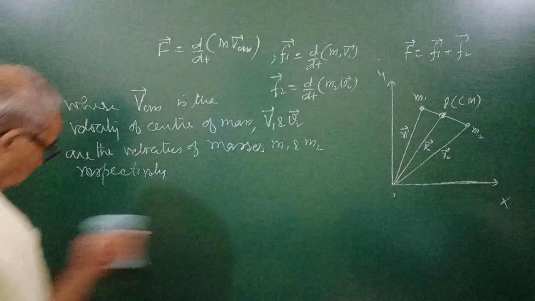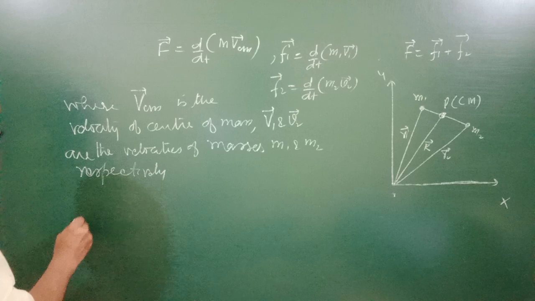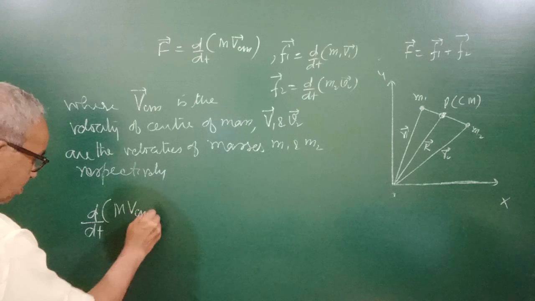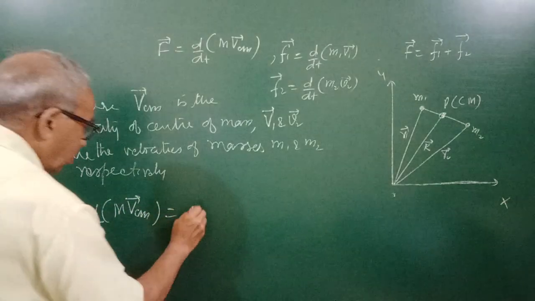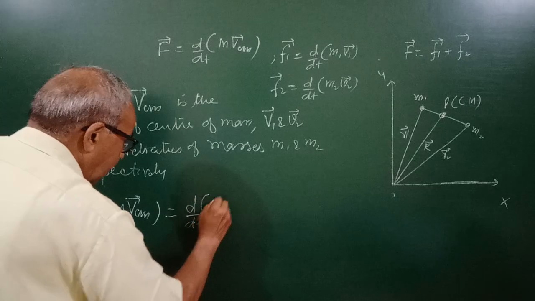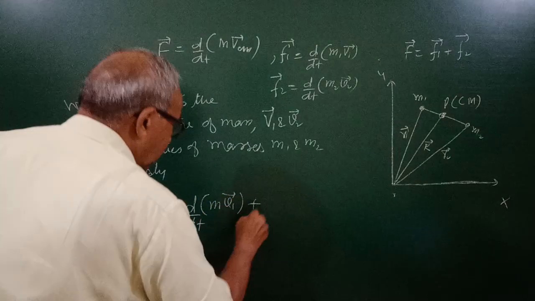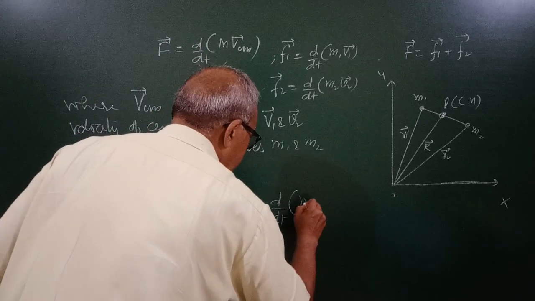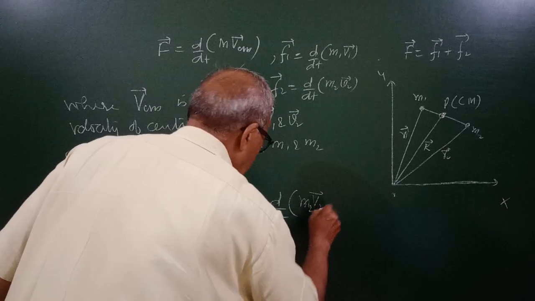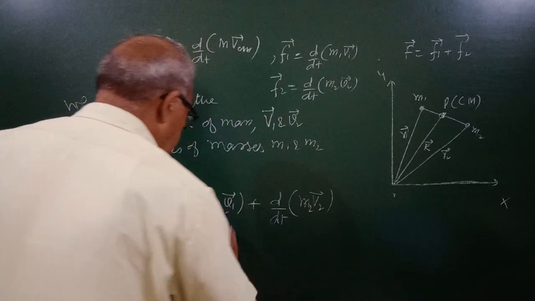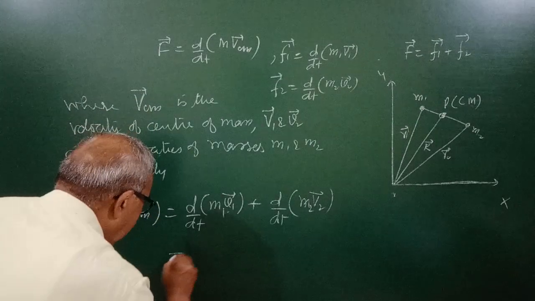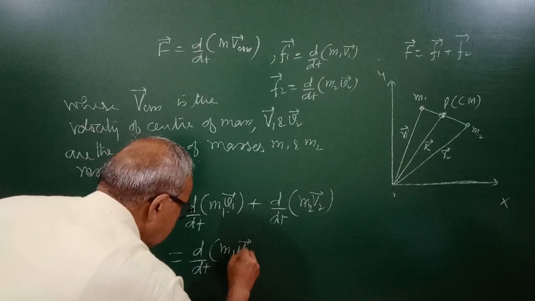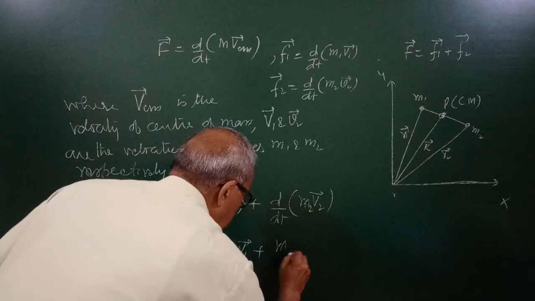So d by dt of M Vcm equals d by dt of m1v1 plus d by dt of m2v2, or you can write as d by dt of (m1v1 plus m2v2).